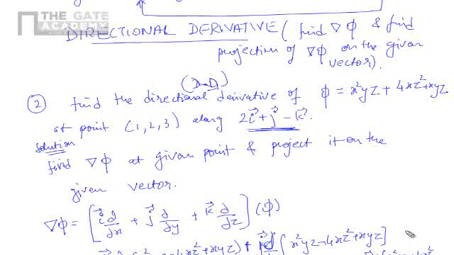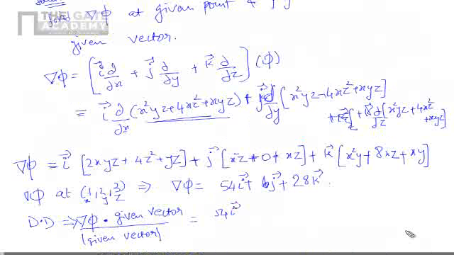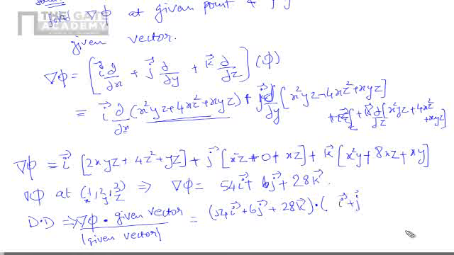That is nothing but 54i plus 6j plus 28k dot 2i plus j minus k by modulus. How will you calculate mod of a vector? It's nothing but the square root of the component along i square plus component along j square plus component along k square.